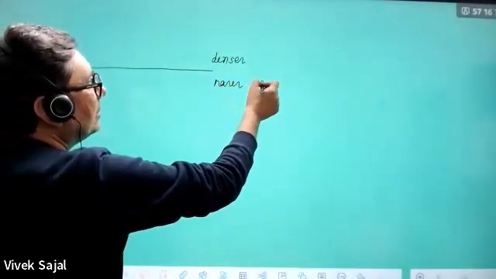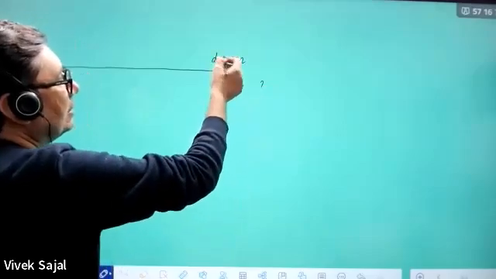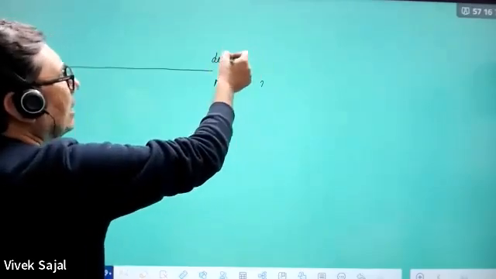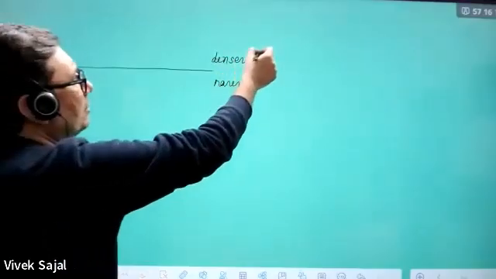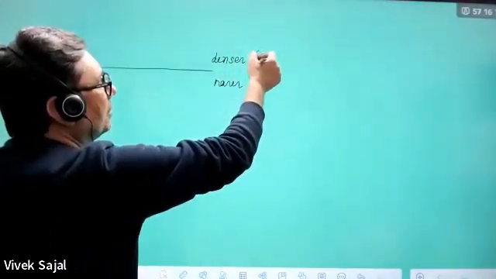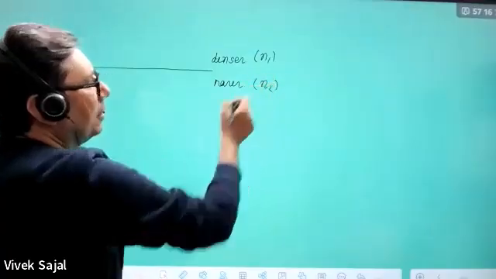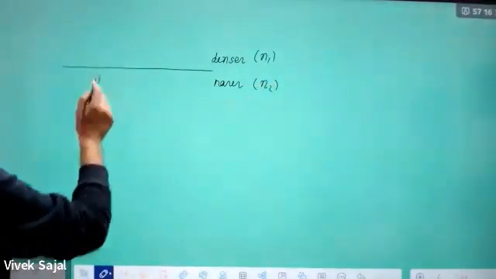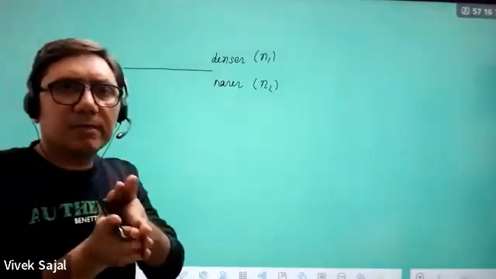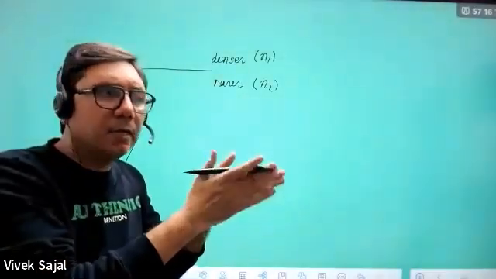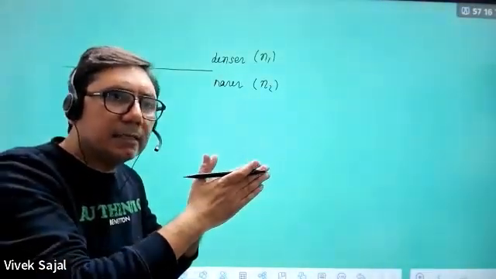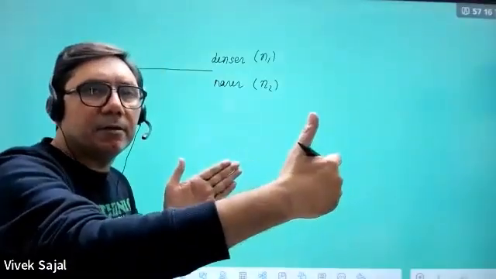Light is traveling in the denser medium, so this is N1, and the light is entering the rarer medium, this is N2. So what happens when light travels from the denser medium to the rarer medium? This light will bend away from the normal.